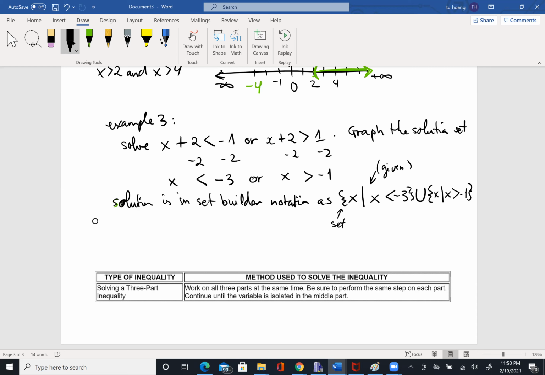So that is a way you can use set builder notation for the solution. It is simple.